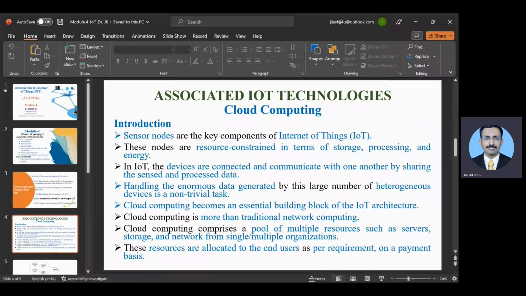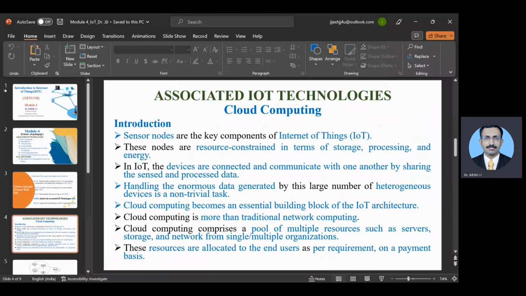So cloud computing is more than the traditional computing facilities you come across, and it comprises pools of multiple resources. What are the things associated with cloud computing?